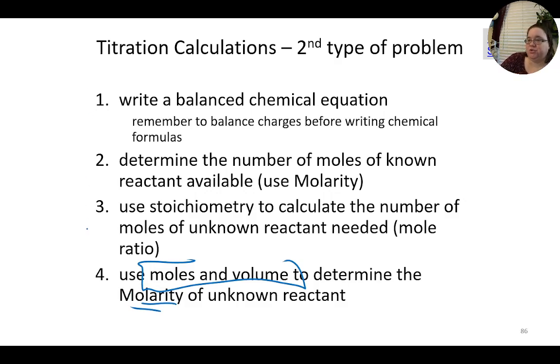So steps 1, 2, and 3 are exactly the same. We got to have the equation. We got to use molarity and volume to find moles, find my mole ratio, and then use the volume in the problem to determine the molarity of your unknown.